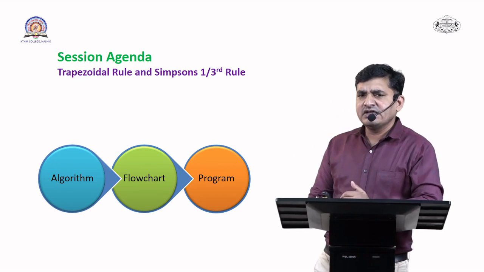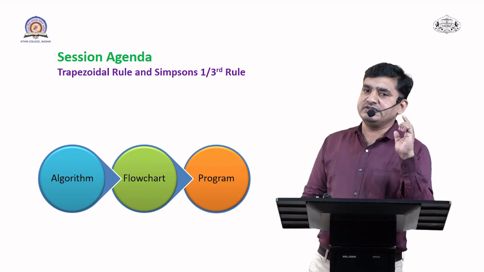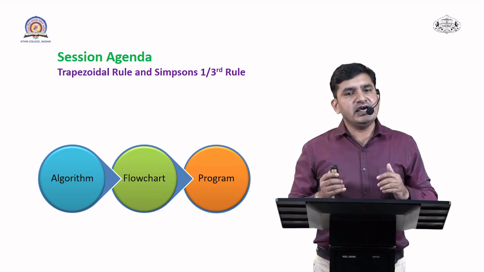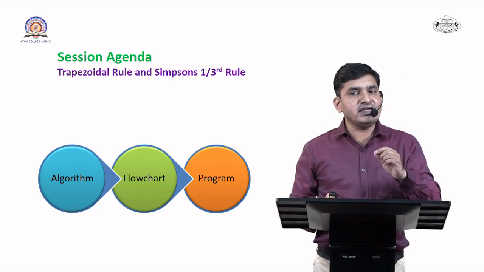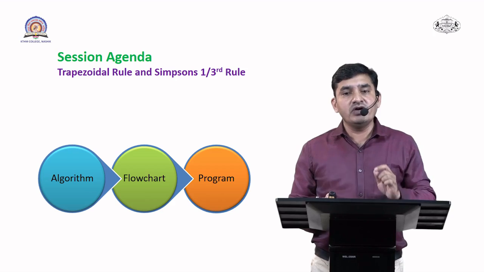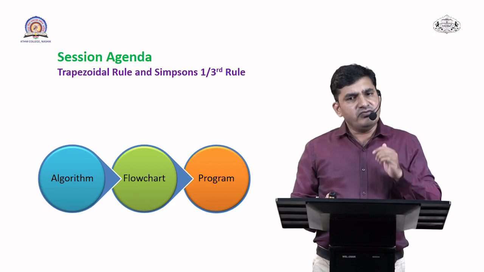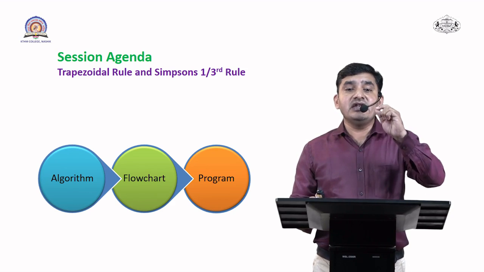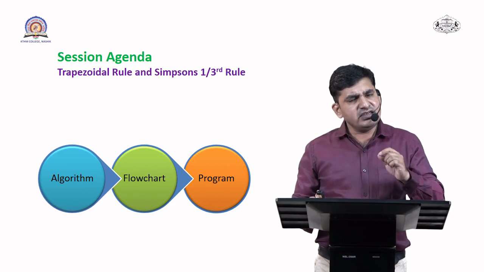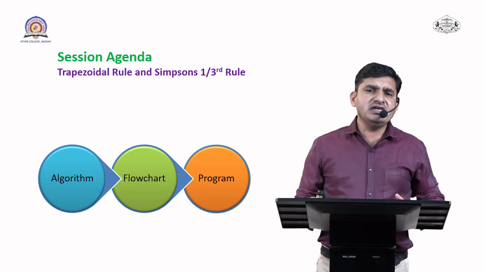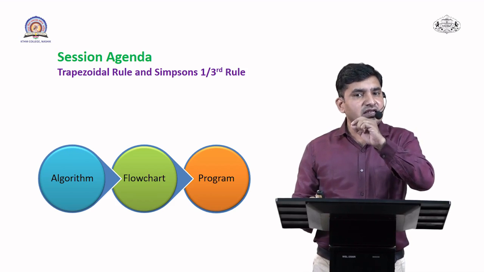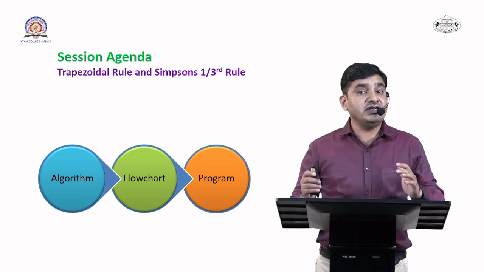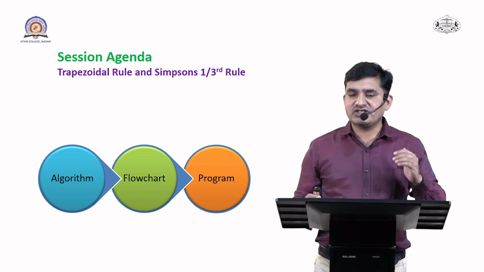In this, h is the step size, that is h is equal to xn minus x0 divided by n, where xn is the last limit, x0 is the initial limit, and n is the number of strips.